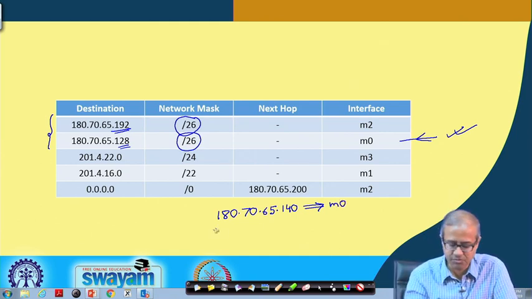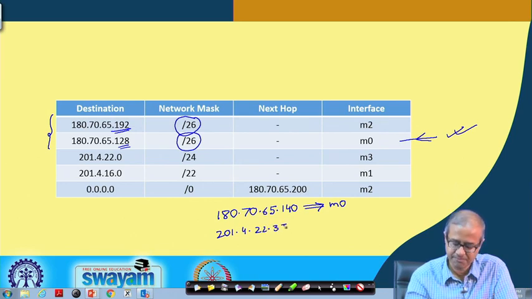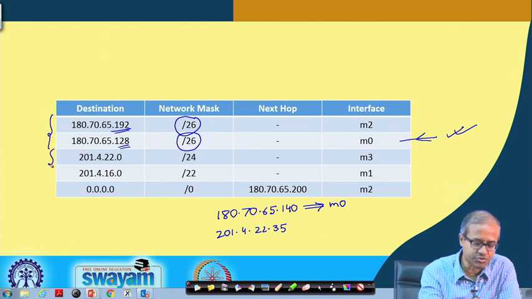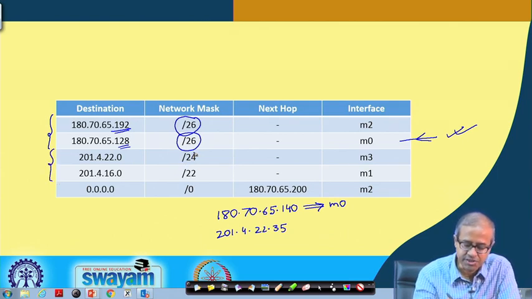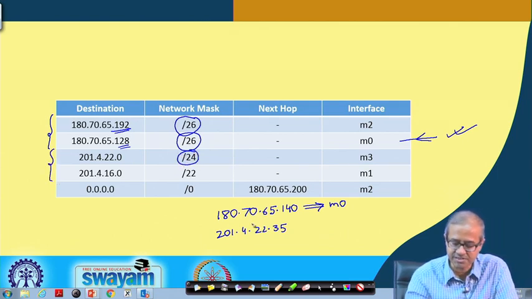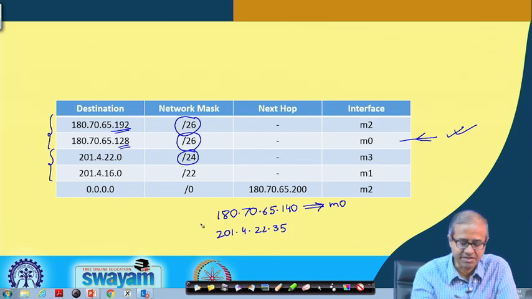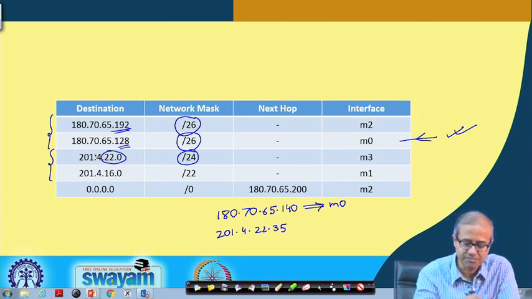But the other example was 201.4.22.35. This again, 201, it will be one of these two. So, first you look at the first 24 bits, check whether it is matching with 22.0.